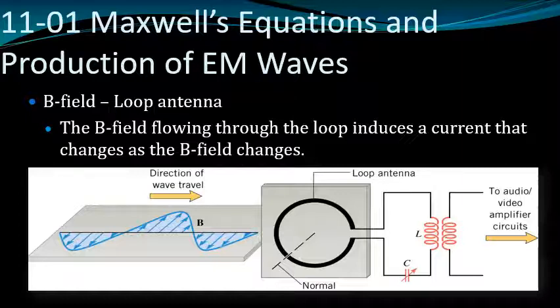Again, that goes through an LC, inductor capacitor circuit, and amplifier, which then gets sent out to the device to create your picture, sound, or whatever. Devices like your cell phone have antennas that have both straight segments and loops, so it uses both types of antennas to pick up the signal.